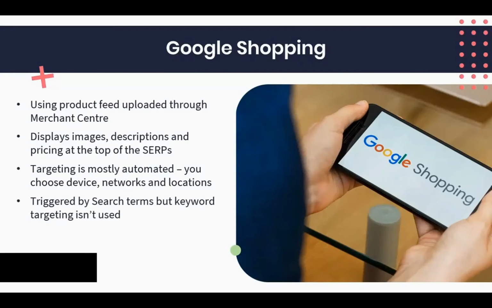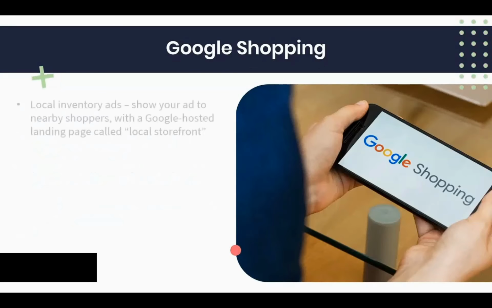There are also promotion options available, so you could offer discounts, free gifts, shipping free or discounted, and this would all appear in the shopping results. Other options that are available, not necessarily everywhere, are called local inventory ads. You show your ad to nearby shoppers with a Google hosted landing page called the local storefront.